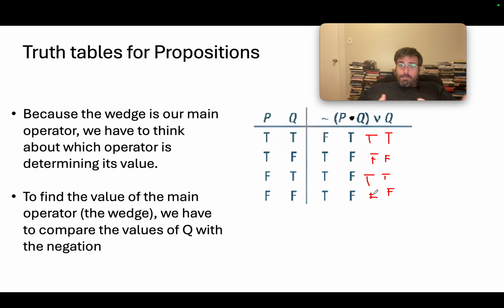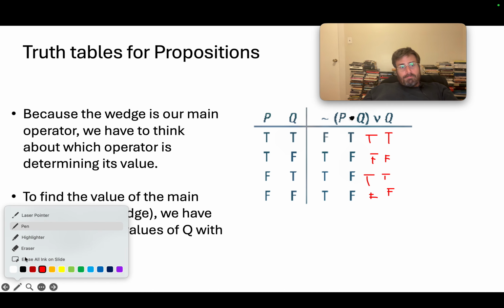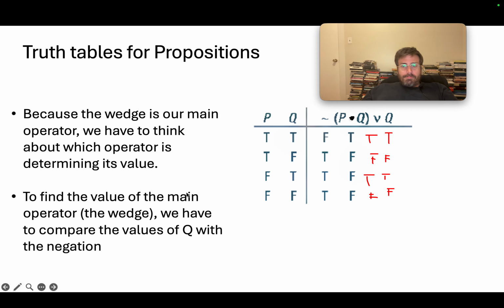So that would be a completely incorrect truth table for this sentence. It does not have that meaning. It has the meaning of bringing into a disjunction the negated values of dot, not the values of dot. They're the opposite values, all right? So to find the value of the main operator, the wedge, we have to compare values of Q with negation, okay?